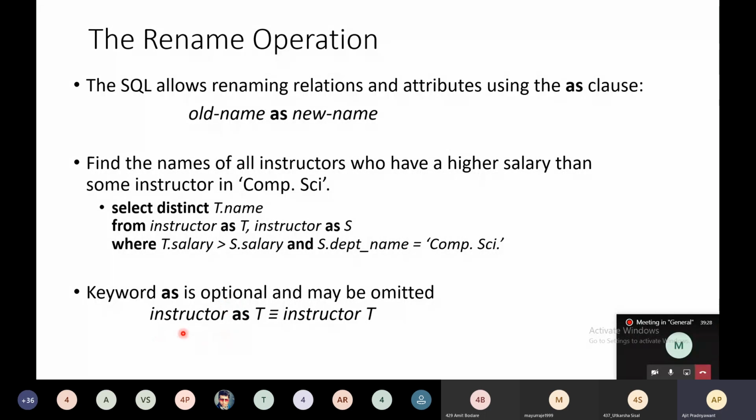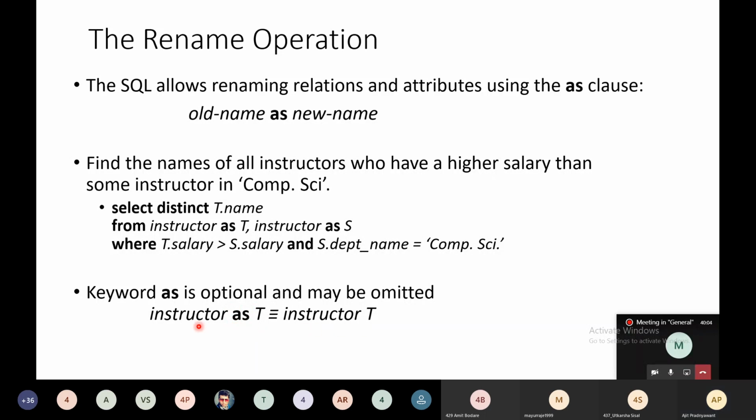For example, here we have mentioned instructor as T, which is similar to instructor T. Both are the same. Instructor as T indicates you are renaming this instructor as T, and instructor T also means you are renaming this instructor to T. This as is optional, meaning you can omit the as also.